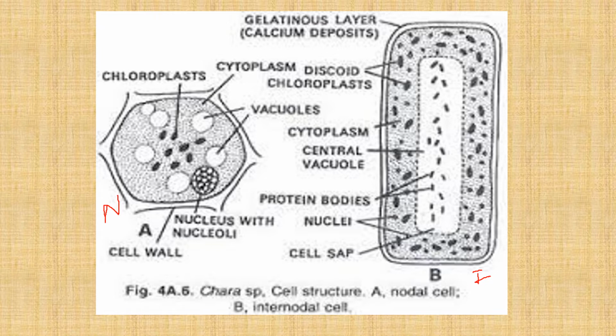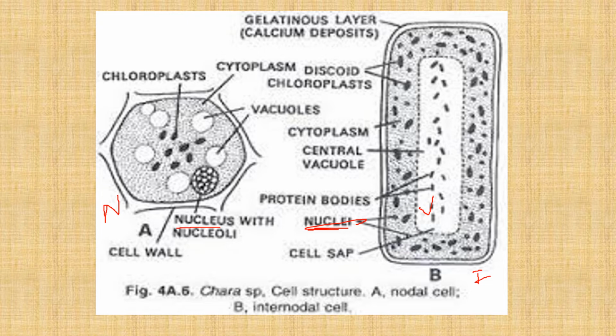The nodal cell has a single nucleus, but the internodal cell has many nuclei. It also has a very large vacuole. Whereas the nodal cell has few vacuoles, or sometimes vacuoles are absent.